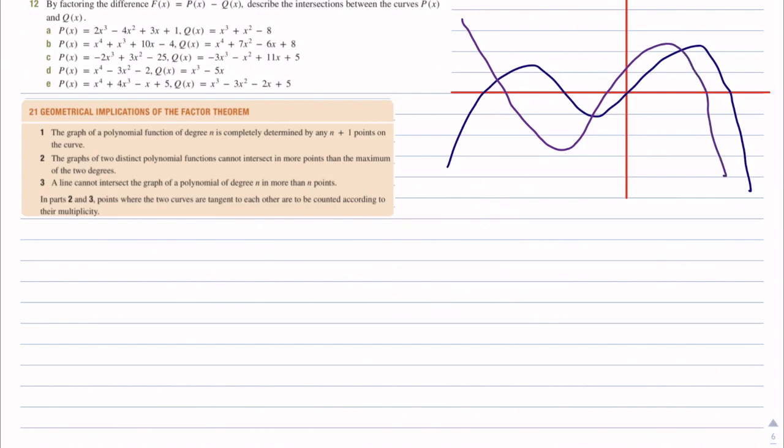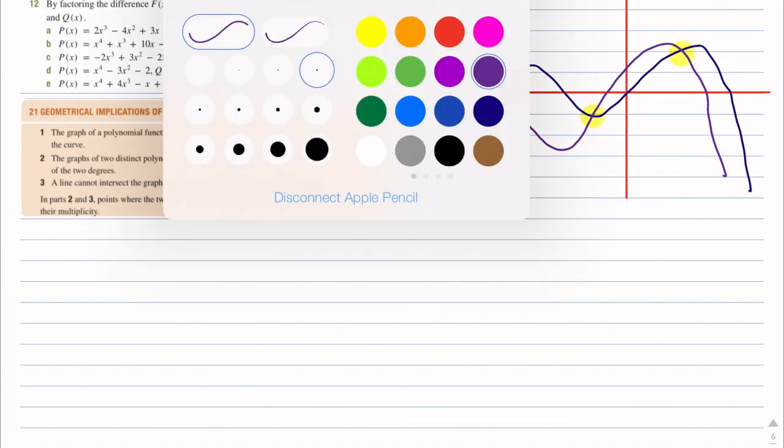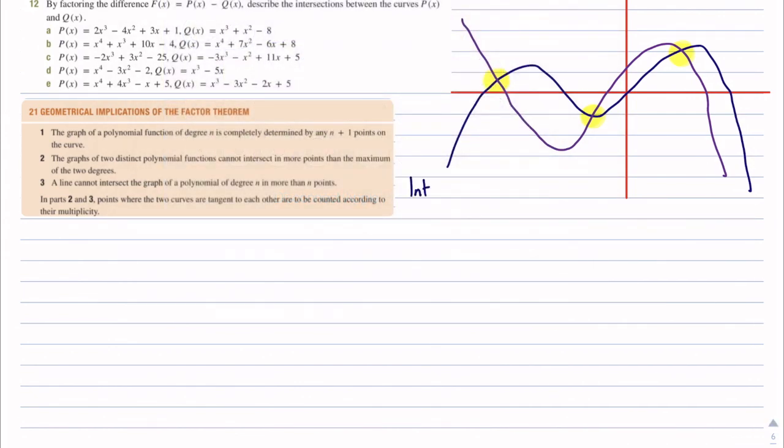And we figured out the first minus the second, then the points where they intersect is where the first minus the second equals 0, where they're the same thing. So they intersect when P of x minus Q of x equals 0.